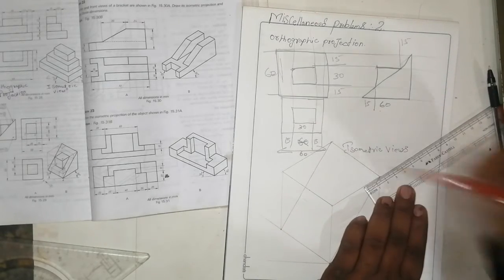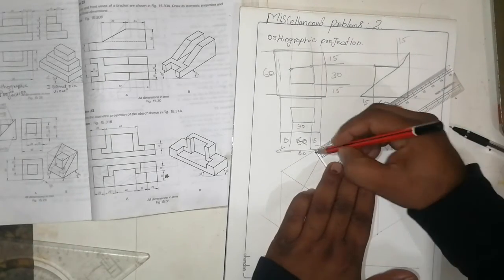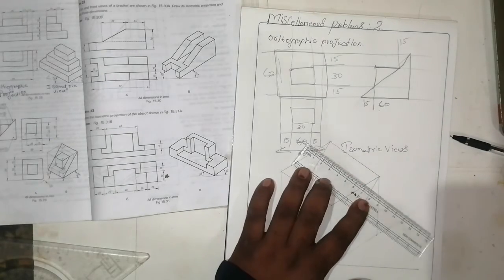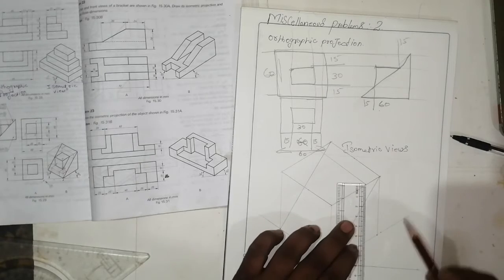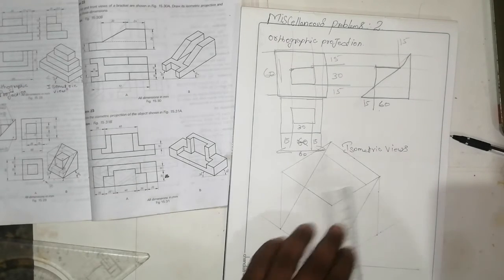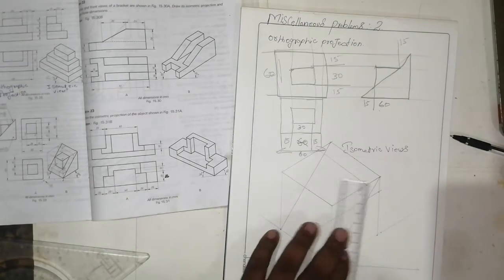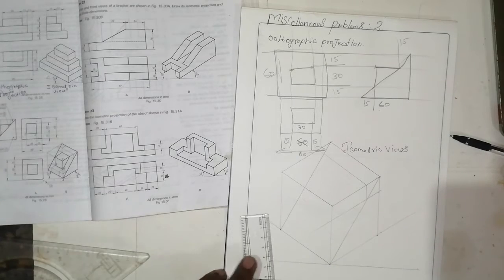They have taken here. Again, you take here 15 mm for a reference line. Okay. Then they taken here 15 mm. Make a reference line. So it comes like this.